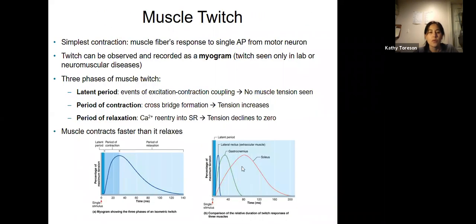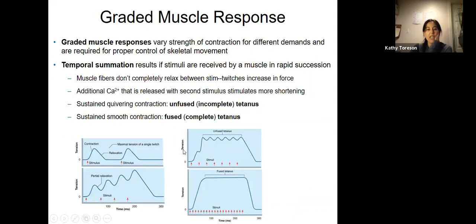Okay. So we did spend a decent amount of time last week on this series of slides looking at tension produced in muscle. So we looked at something like this already, where we have some stimulus coming in that induces a contraction.